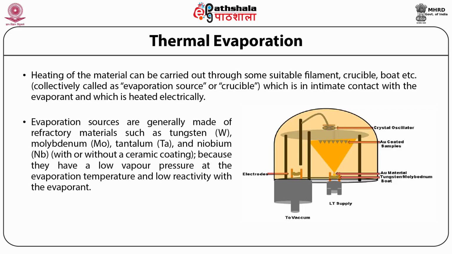Evaporation sources are generally made of refractory materials such as tungsten, molybdenum, tantalum, and niobium because they have a low vapor pressure at the evaporation temperature and low reactivity with the evaporant.